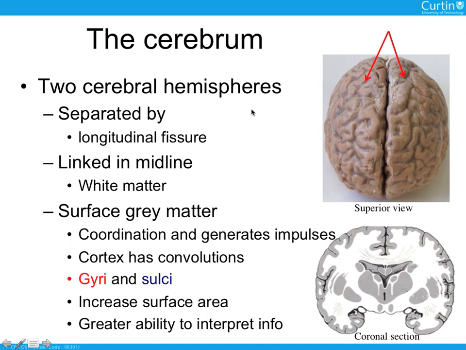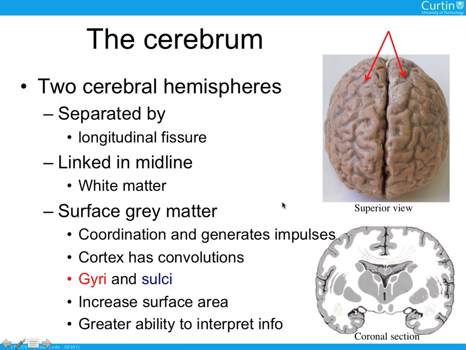But the cerebral hemispheres have to communicate with each other because the left and right hemispheres have slightly different functions, and they're linked by a large bundle of white matter. Now we know we have surface grey matter that we can see here, and that's called the cortex, which we just learned, the cerebral cortex.